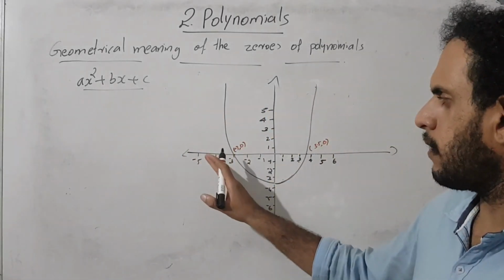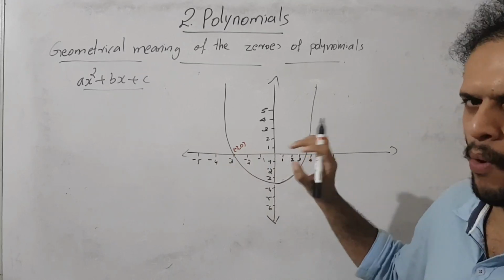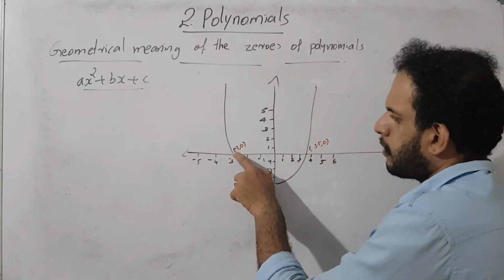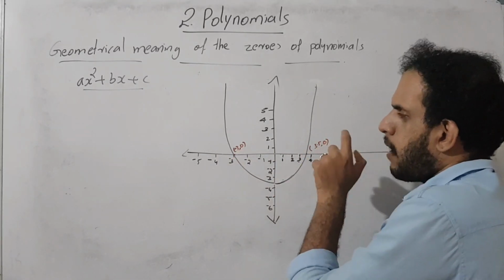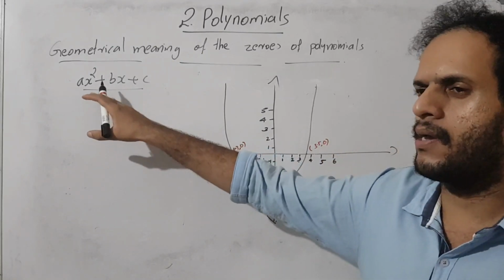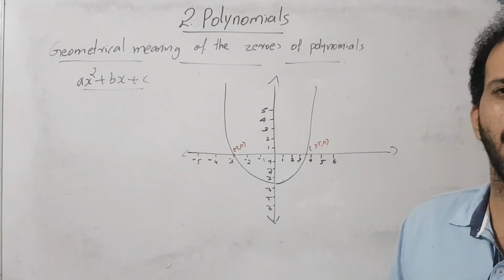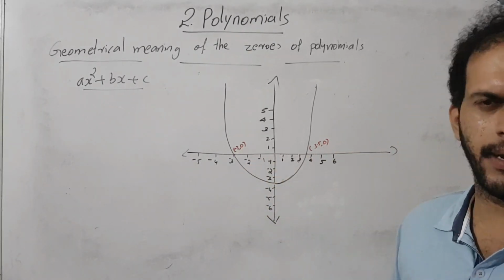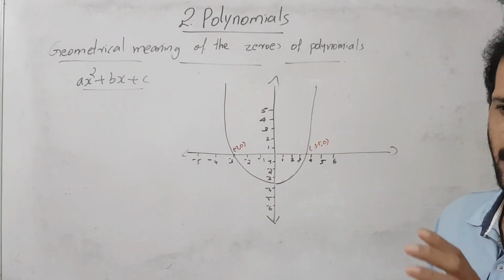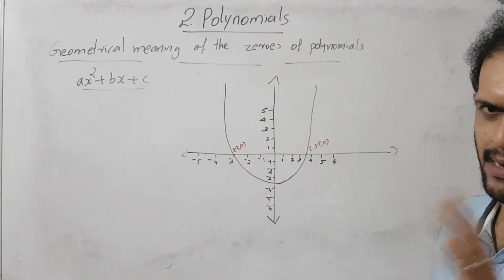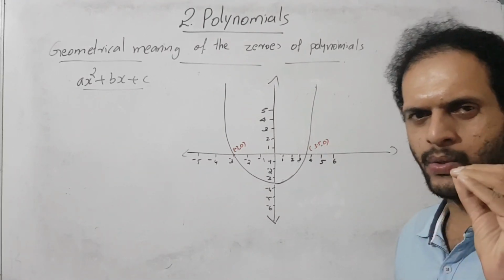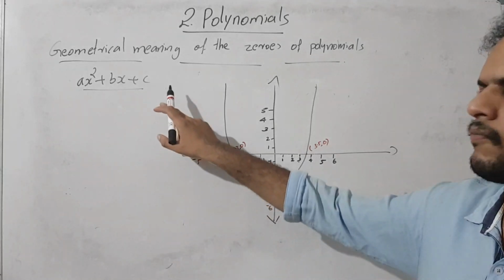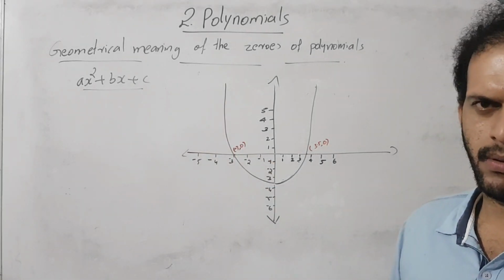Okay, this graph meets the x-axis at the points with x-coordinates minus 3 and 3.5, so this quadratic polynomial has zeros minus 3 and 3.5. Where the graph intersects the x-axis, that point's x-coordinate is called the zero of that polynomial.